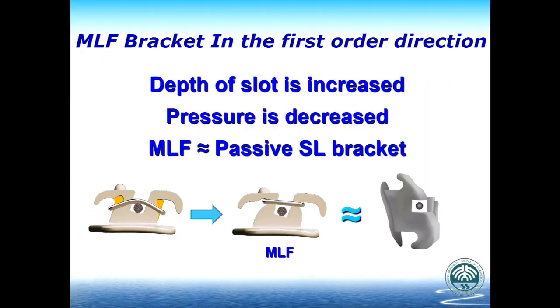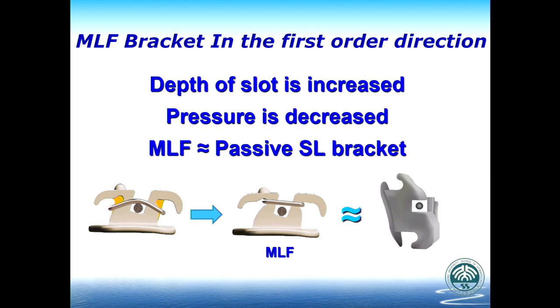For the MLF brackets in the first order direction, what's different? In these brackets, the depth of the slot is increased, so the pressure is decreased, so the friction is reduced.